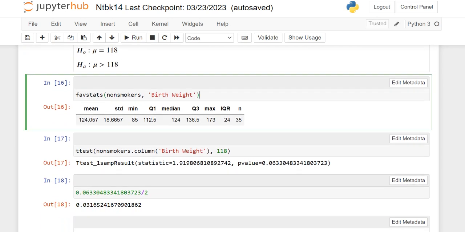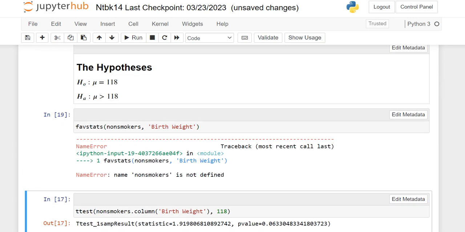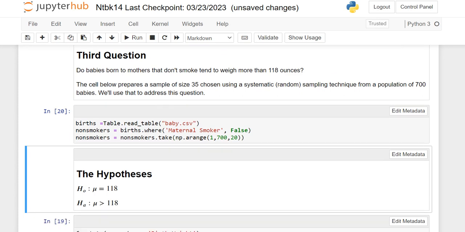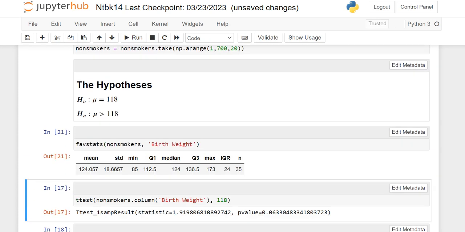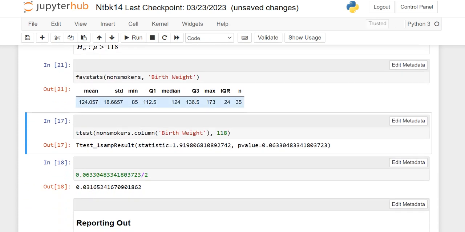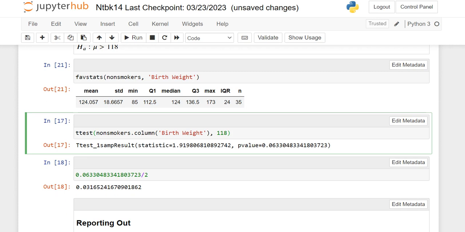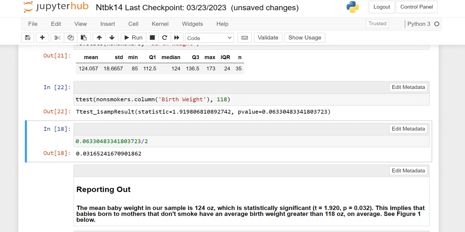And so here we go. I've got to execute this code now that I've taken the comments out. And then the stats is showing us that the average is about 124 ounces. Well, that's interesting, which means that the p-value, ooh, it's not quite small enough.